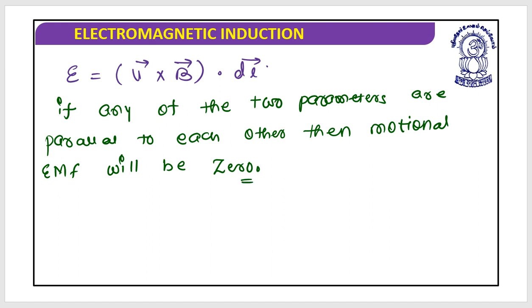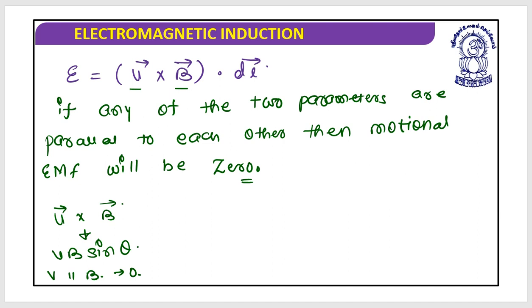I hope this is clear. This v cross B is vB sin theta. Let's say if v is parallel to B, this will be 0.